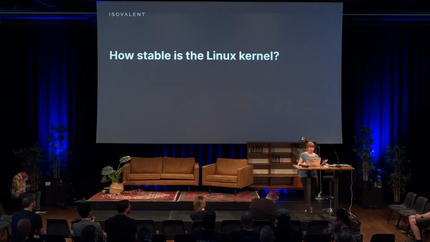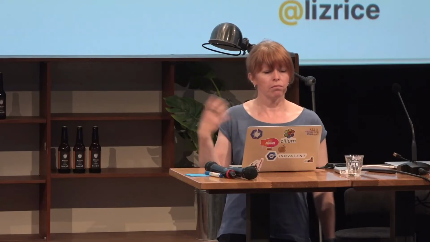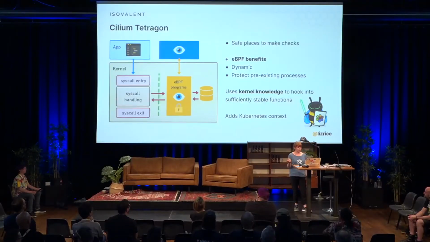So if we can't use the LSM API, we can still hook into other function calls that are in the right place and are kind of de facto stable, even if not guaranteed. And that's what we've done with a project within the Cilium family called Tetragon.